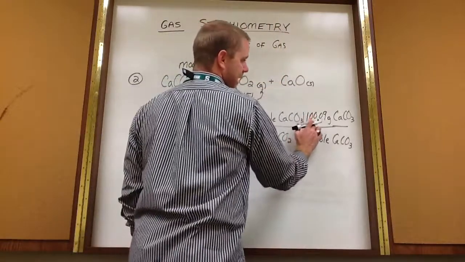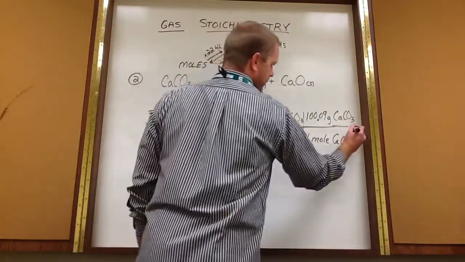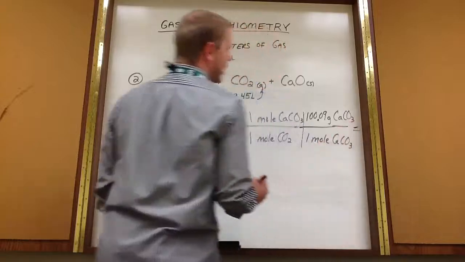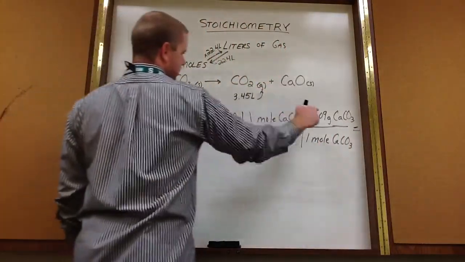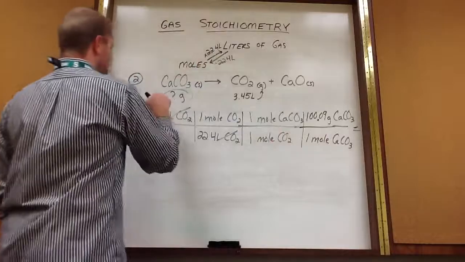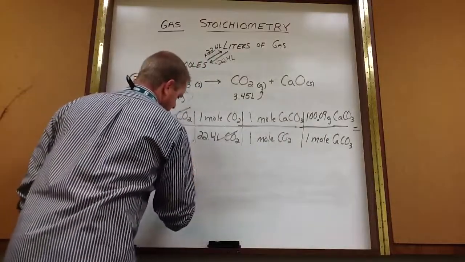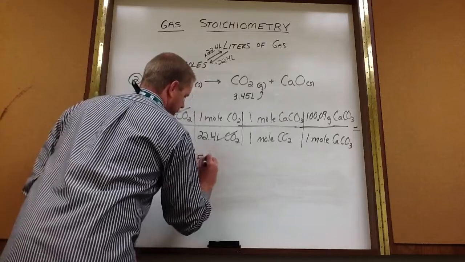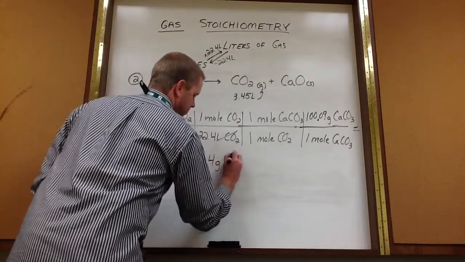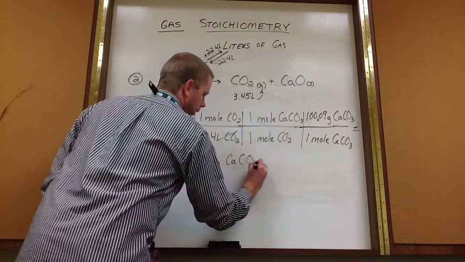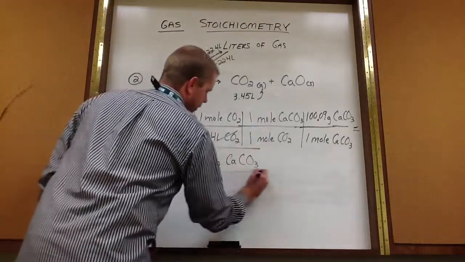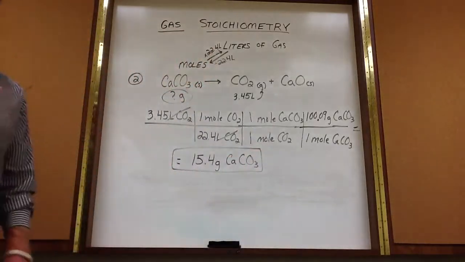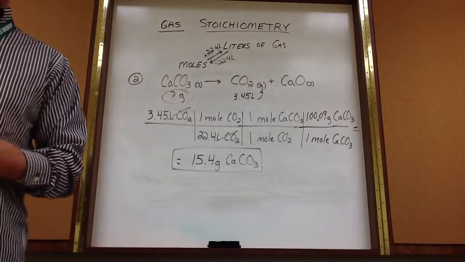There's 100.09 grams in 1 mole of CaCO3. We did that a lot before. Well, we do the math. We multiply tops across. We multiply the bottoms across. We had 3 significant figures when we started. Therefore, we're going to finish with 3 significant figures. The answer is 15.4 grams CaCO3. That's gas stoichiometry. We did a couple of problems. Now it's time for you to do some.